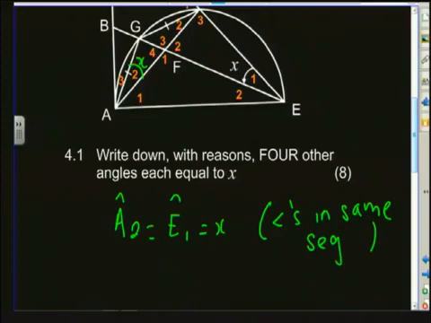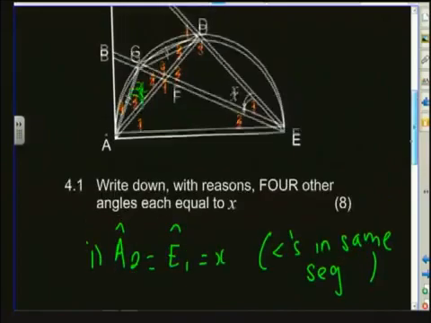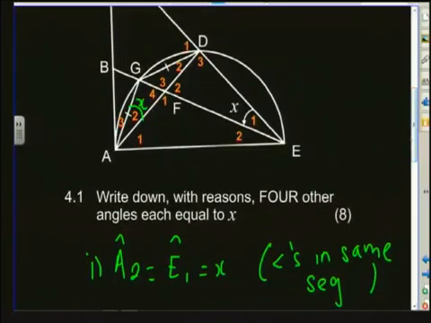All right, so A2 is equal to E1, angles in the same segment. We were then told that GD is equal to GA, and this is when we have to use the theorem which states that equal chords subtend equal angles. So if you follow through, look at the angle that GD subtends.